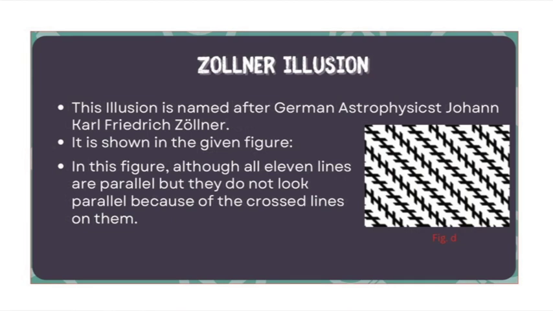Then comes the Zollner illusion. This illusion is named after the German astrophysicist Johann Karl Friedrich Zollner. It is shown in the given figure. When I am explaining, you should also try to relate to the figure given beside the explanation. In this figure, although all the 11 lines are parallel, they do not look parallel because of the crossed lines on them.